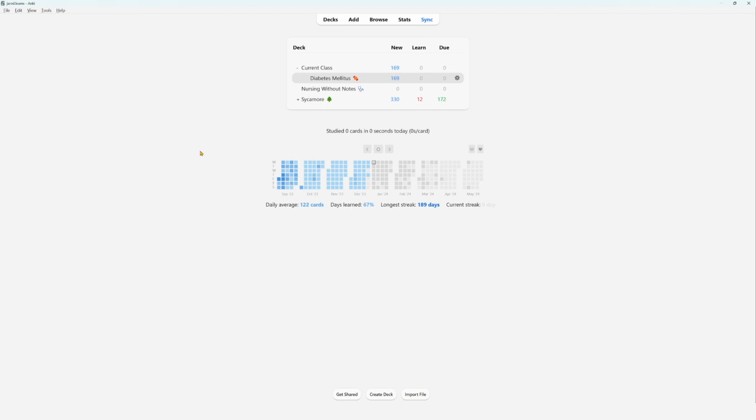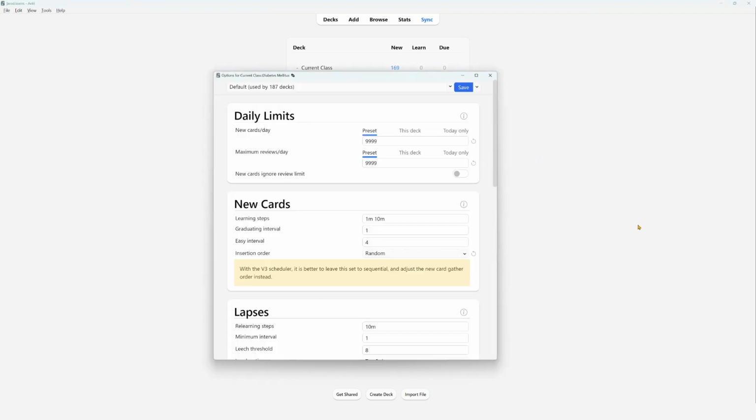Before we do that, though, I want to talk about the settings real quick. I don't get very deep or detailed in the settings of the decks, but I do want to show you what I do. On the daily limits, I keep everything maxed out, 9,999. I want to see everything that's in that deck.